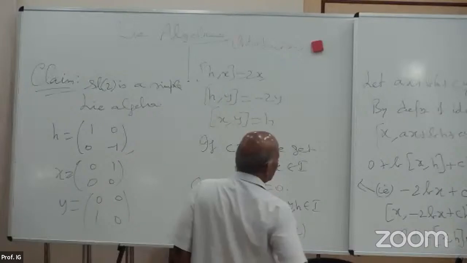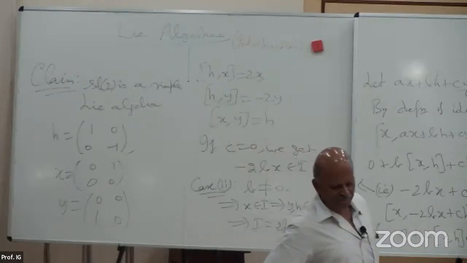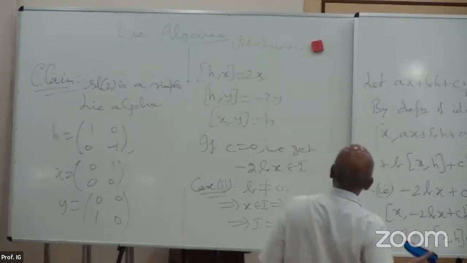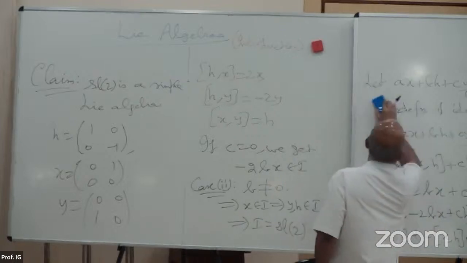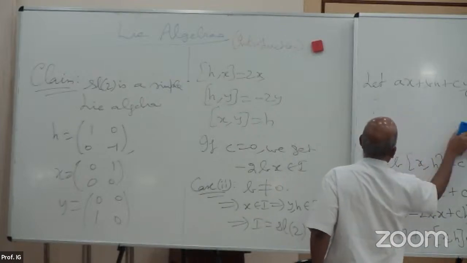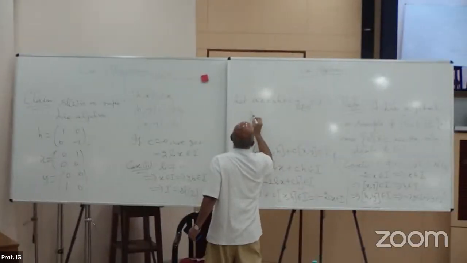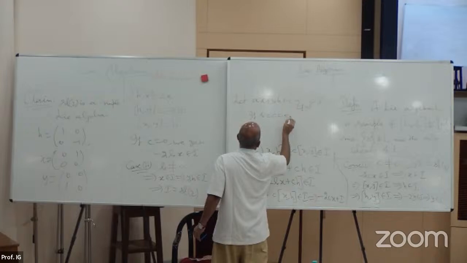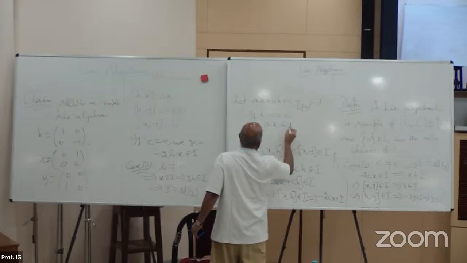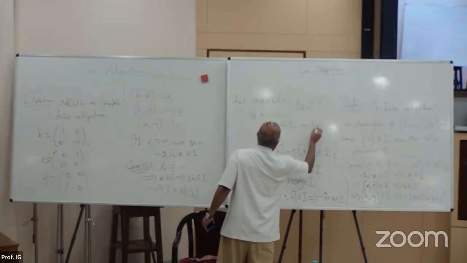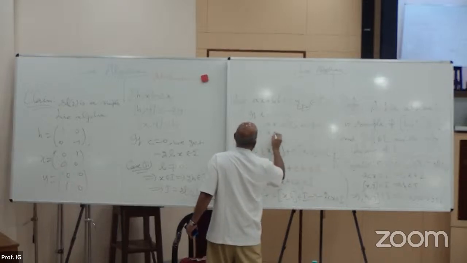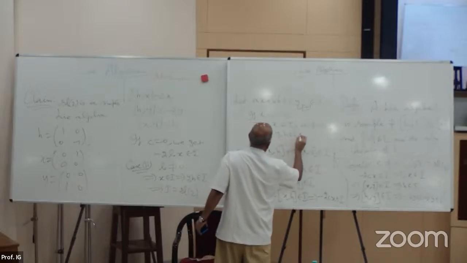So case 2 also we are through. c is not 0, we are through. b is not 0, we are through. What have we left with? We are left with b equal to c equal to 0. ax belongs to I. Since it's a non-zero element, this means x belongs to I. So again, x, y, h belong to I.